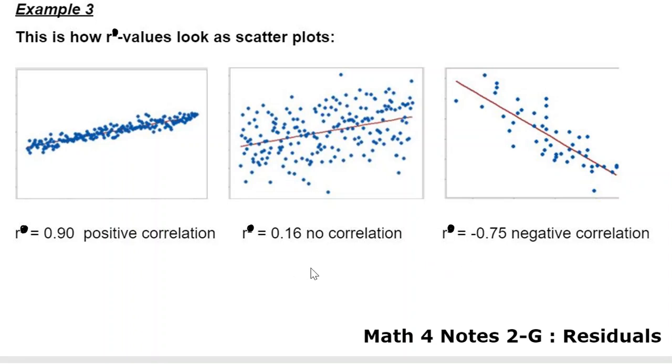But the idea is this: as you are looking at a set of scatter dots like this, the question becomes, how close are they to that line? Are they clumped up together like this, or are they spread out like a cloud, like this one over here? And so, when your R value is close to 1 and everybody's close to that line, I would actually use the terms strong positive correlation.